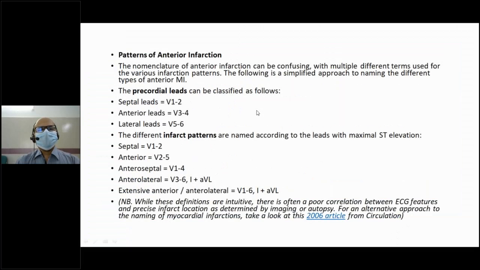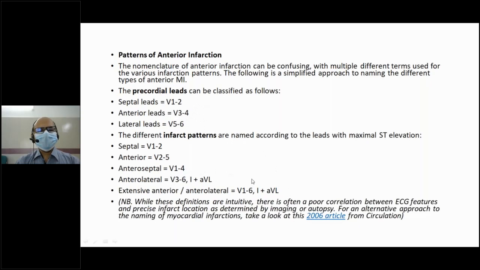Anterior infarction can be confusing, with multiple different terms used for various infarction patterns. The different patterns are septal, anterior, lateral. Septal is V1, V2, sometimes anteroseptal V1 to V4, and lateral V5, V6.